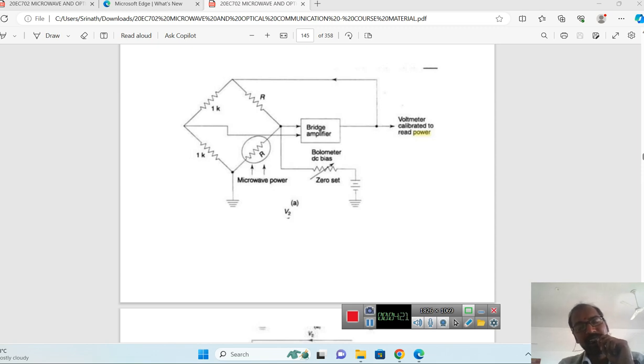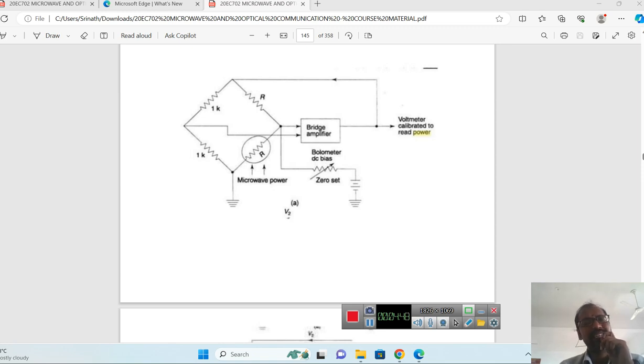When we apply microwave power to the bolometer, the bridge goes to the unbalanced condition. Due to the unbalanced bridge, the galvanometer shows some reading, and from that reading we can easily find the power level. This is one kind of medium power measurement.